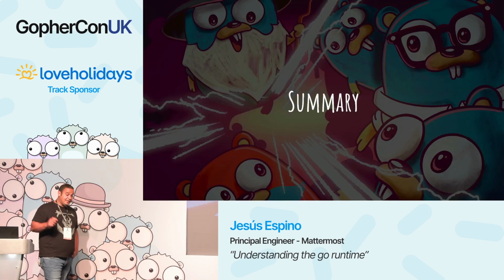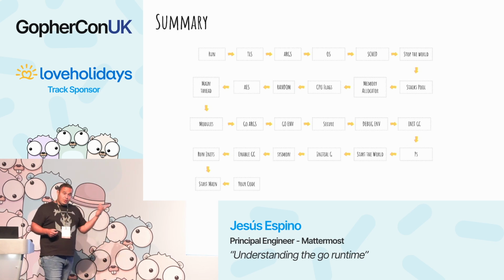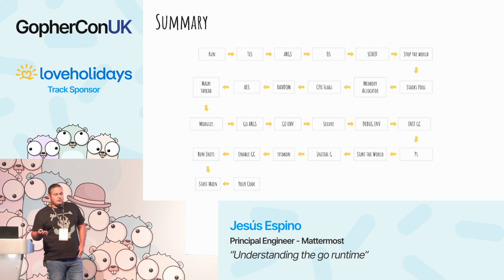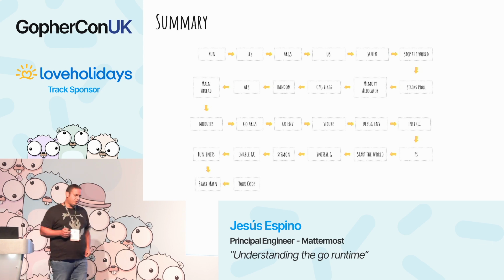So yeah, that's it. Let me summarize a bit. I'm going to go through the whole process quickly to refresh that. You run your binary. It's going to start with the thread local storage initialization. Then it's going to go to the args, with the args coming from the operating system.